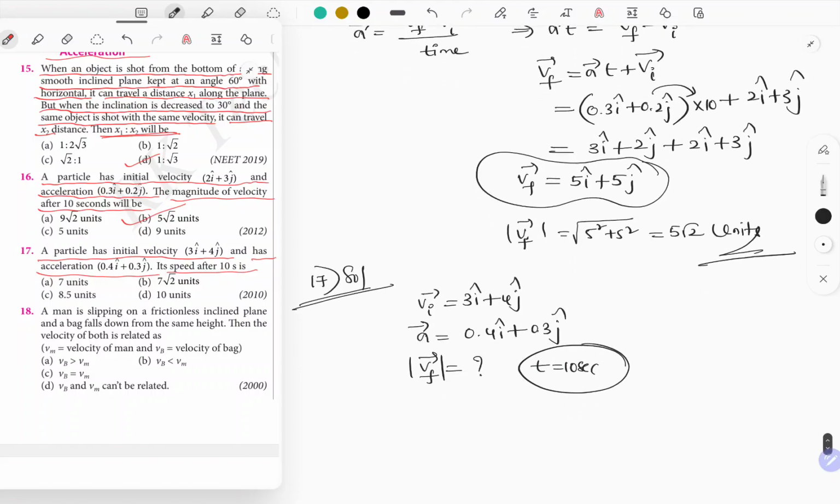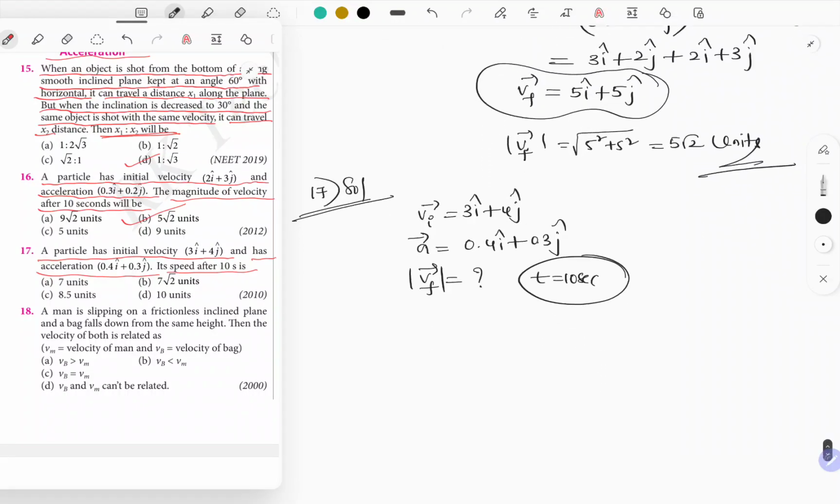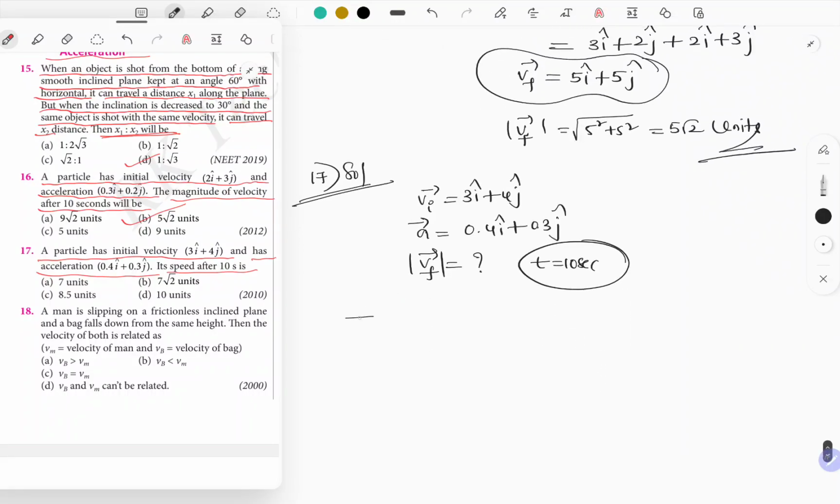So this is the same as the 16th question. Same process. Acceleration is v final minus v initial, the change in velocity, by the change in time, right? I am representing the change in time with t alone, because t2 minus t1 is equal to t itself, since the initial time is going to be 0.